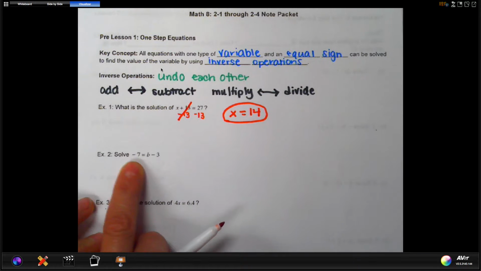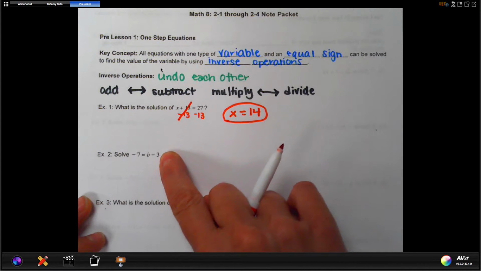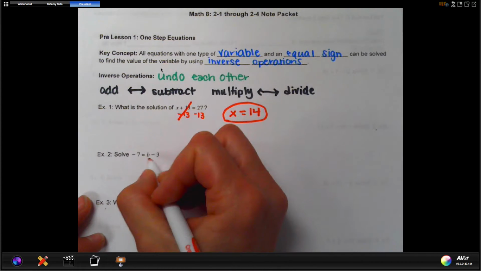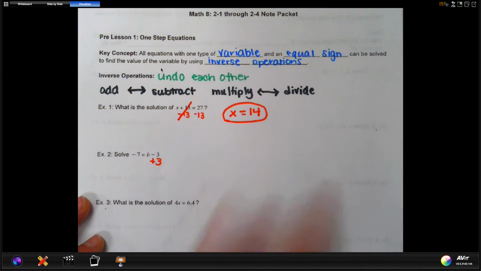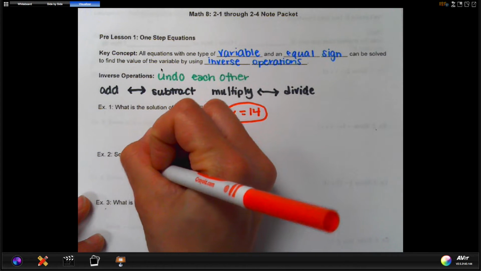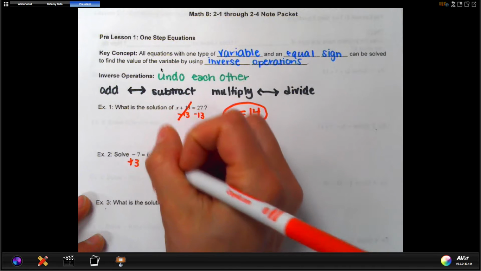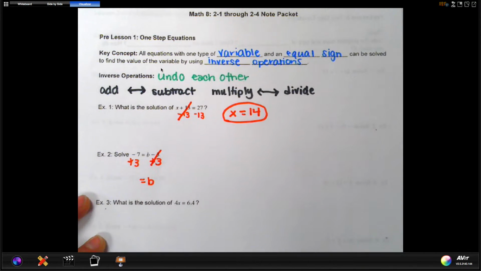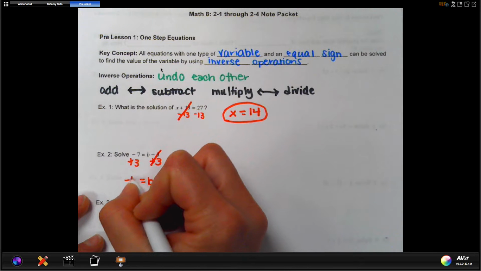So what we want to rescue is this 3. What is the inverse of -3? It would be add 3. So I'm going to add 3 here so that it cancels, and I'm going to add 3 here so that I can get my answer. So b is left alone. -7 plus 3 is going to give me -4 as my answer.